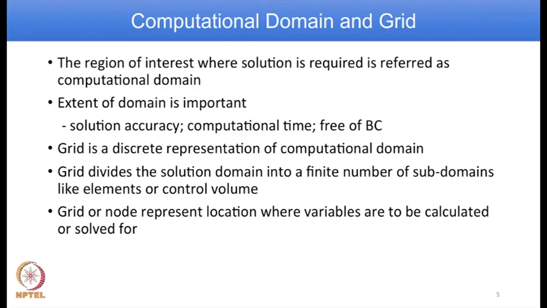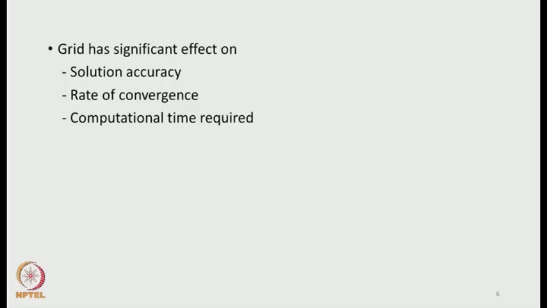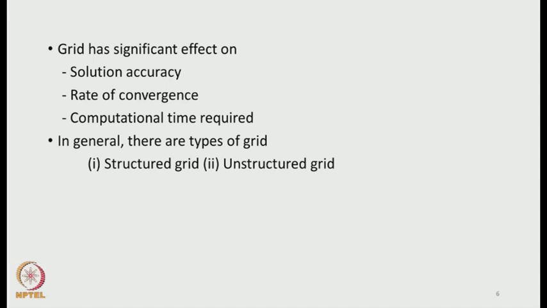So, grid or node represents the location where variables are to be solved for. Just like the computational domain, grid also influences solution accuracy, rate of convergence, and computational time that is required to solve and get an answer. In general, there are two types of grid. One is called structured grid, the other one is called unstructured grid.